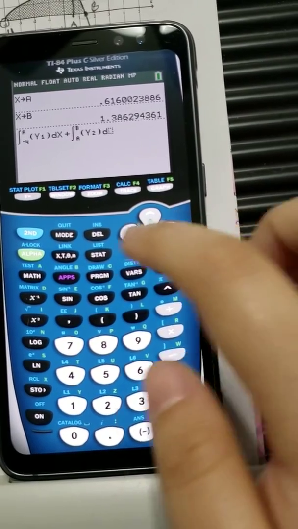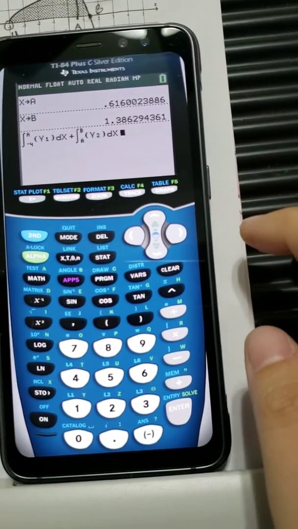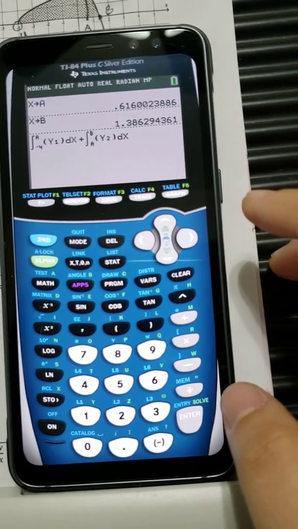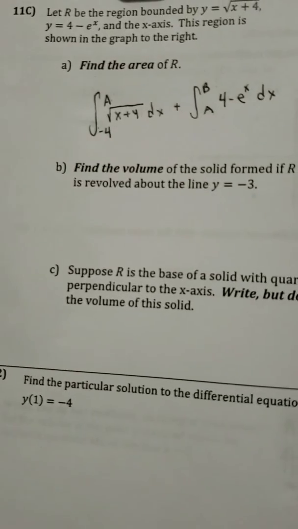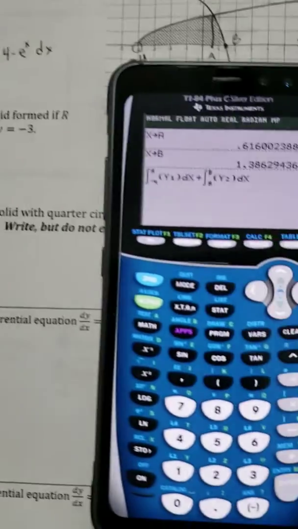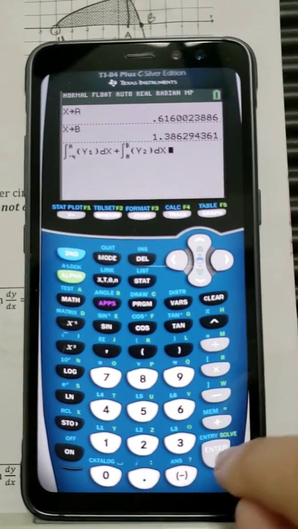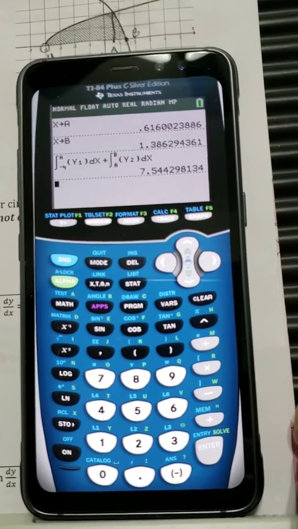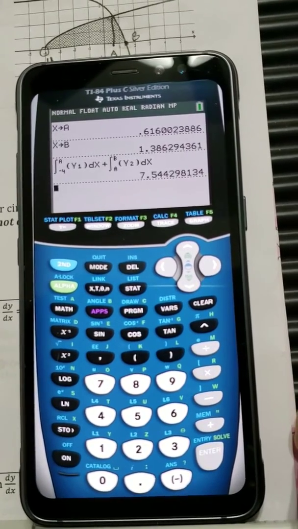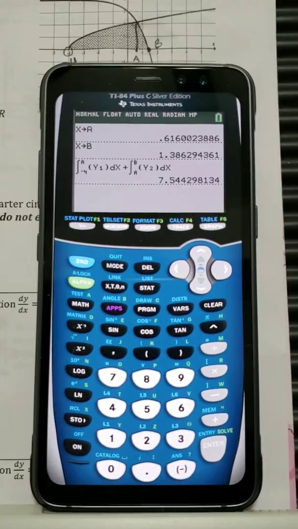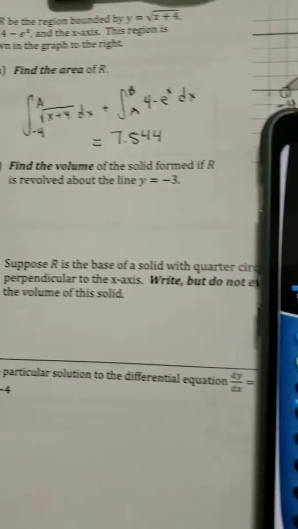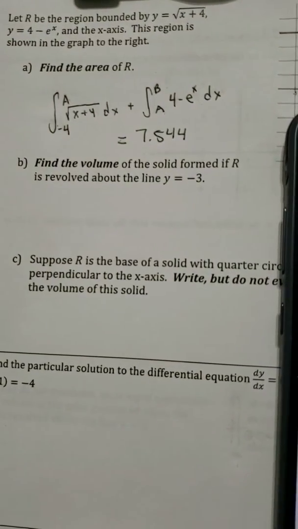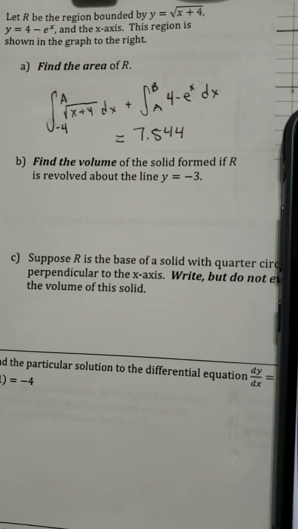Go to the side, press X, and now I have exactly what I wrote over here, right here. Press enter. And that is my value for part A. So 7.544 is my answer to part A.